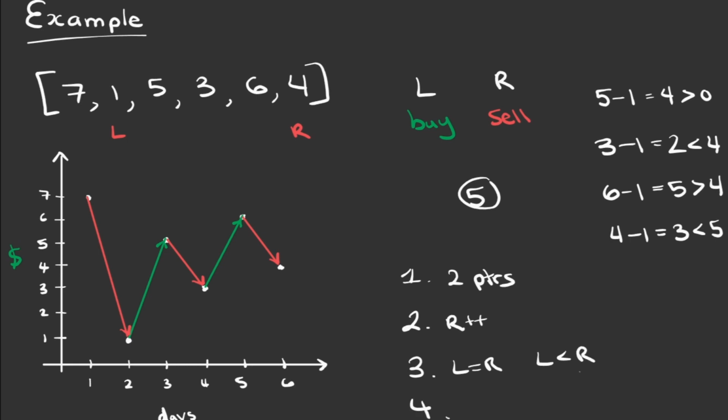And finally, we want to check the maximum profit that we can get on that day. The time complexity for this algorithm is going to be big O of n, since we're traversing the entire array. Now that we have some intuition as to how we can solve this problem, we can go ahead and write the code for this algorithm.